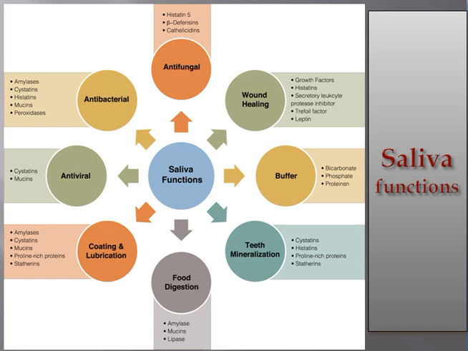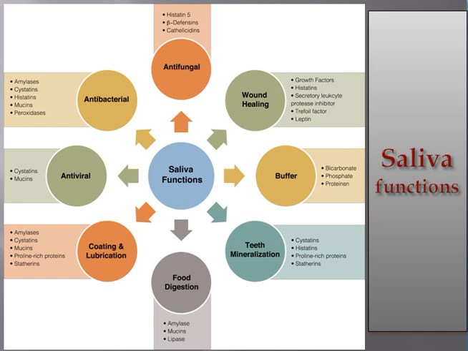Functions of saliva. There are a lot of different functions, and you can see all of them on this slide. They include antibacterial, antifungal, and wound healing, depending on the components and the amount of the saliva.